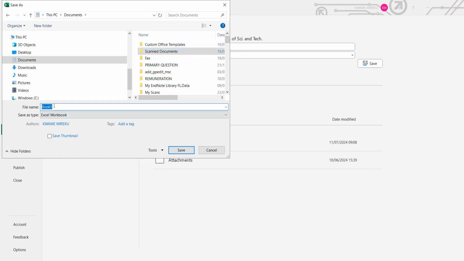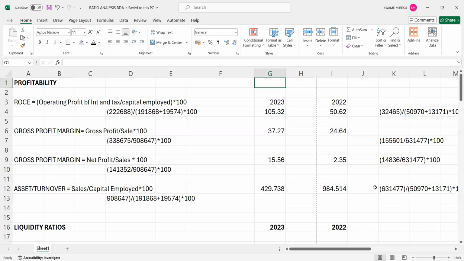Okay, ratio analysis, BDA. So I'll share this Excel file also with you for your workings.